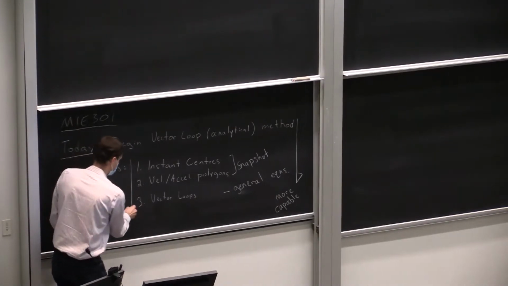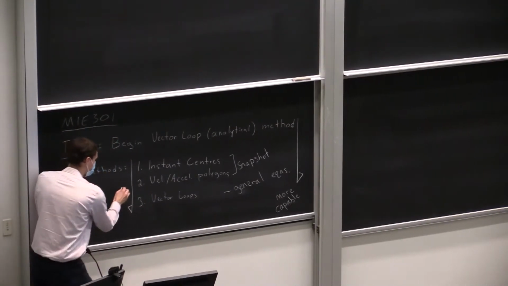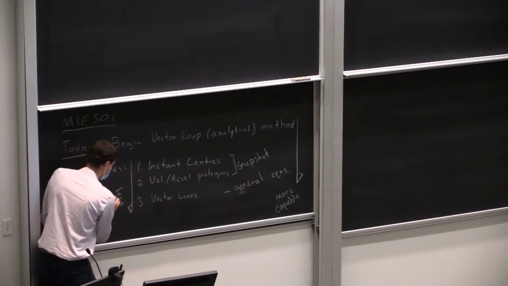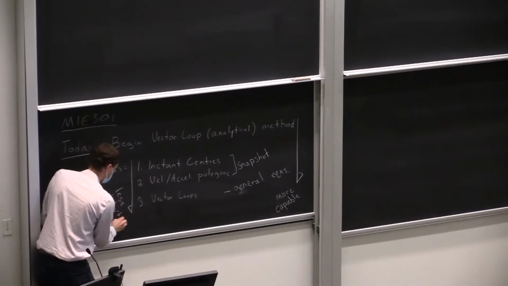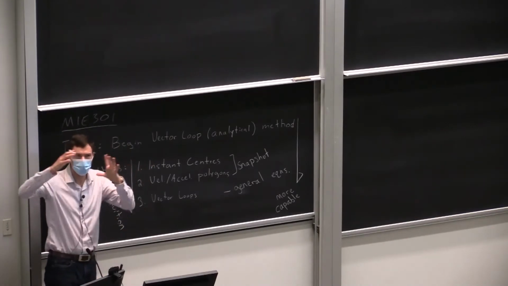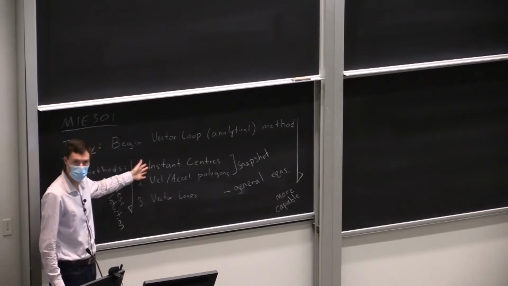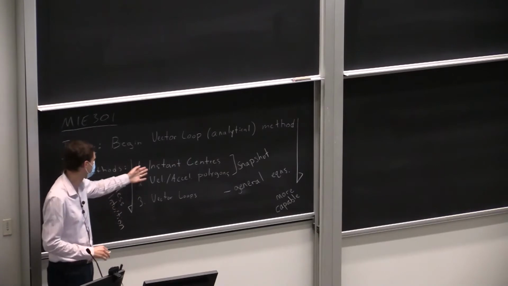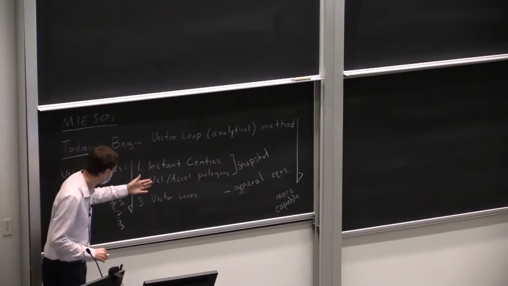So as we go down, we're going to be getting less and less intuition from the methods. In the output of instant centers, right, we get all that. We have to go through all the steps and visualize individual links. So it tells you a lot about how the mechanism is moving, and you can visualize motions.